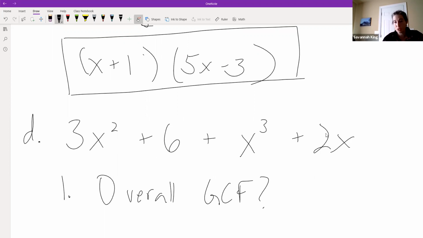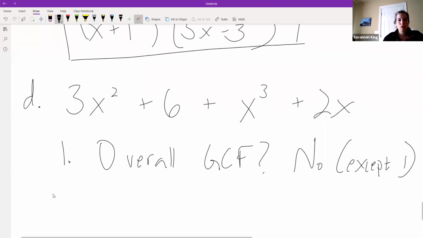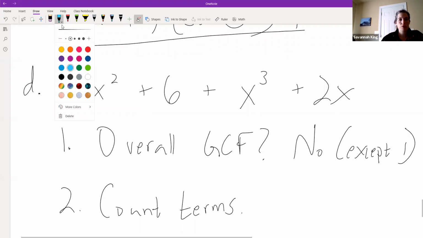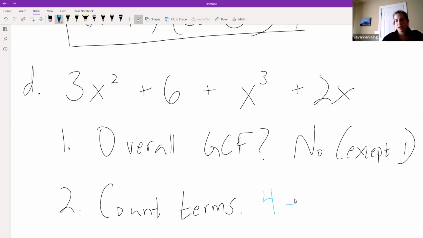If you tried 2 or 3, this term here, x cubed with a 1 in front, would throw you off. So there is no overall GCF except 1. Okay, so that has us counting terms. And we see 4 terms. So automatically, the only thing that we can try is to factor by grouping.